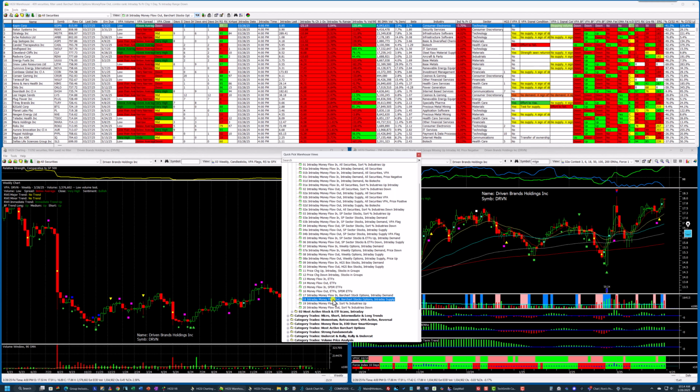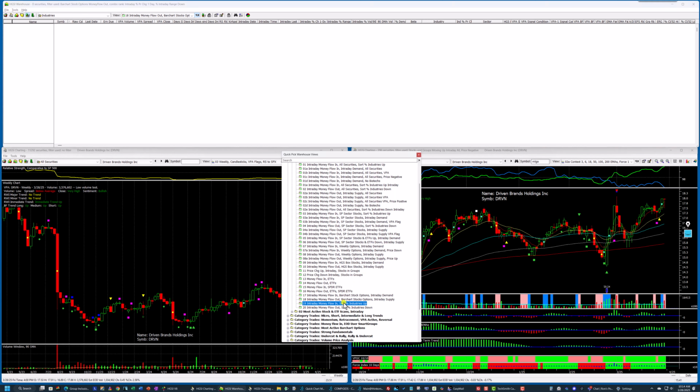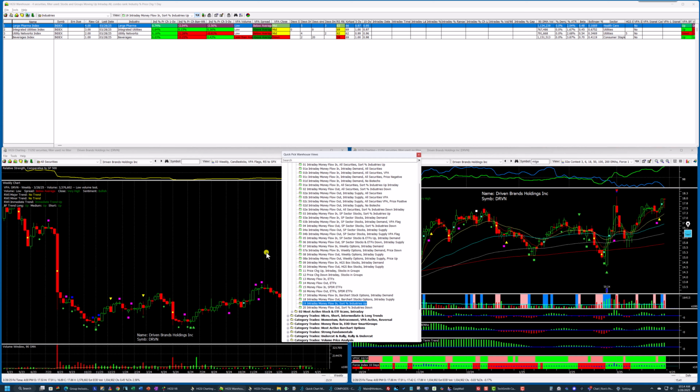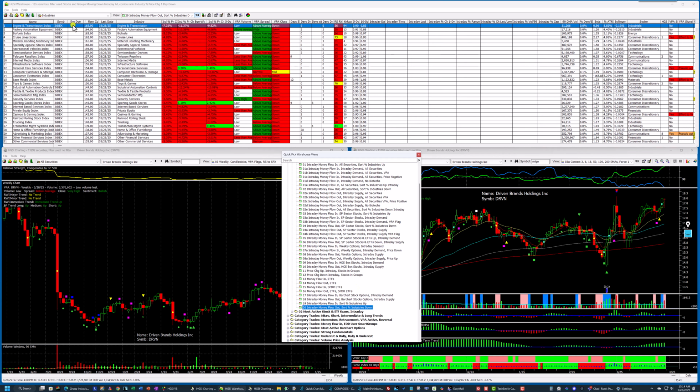You have to go from all securities to industries, and I had to apply the filter. You can see that there are only 4 industry groups up for the day and 165 down. Now, on a day like today, this is extreme.